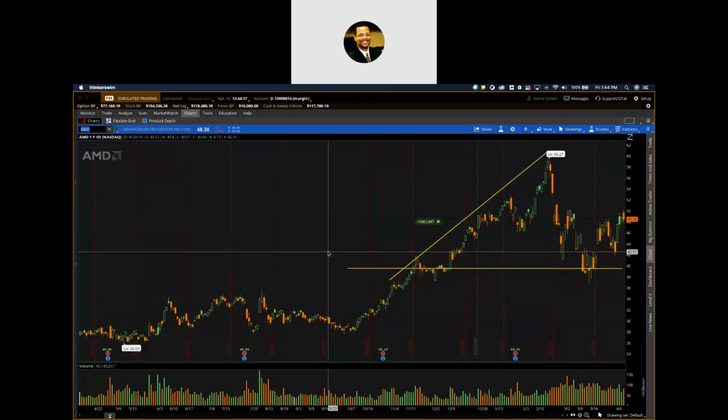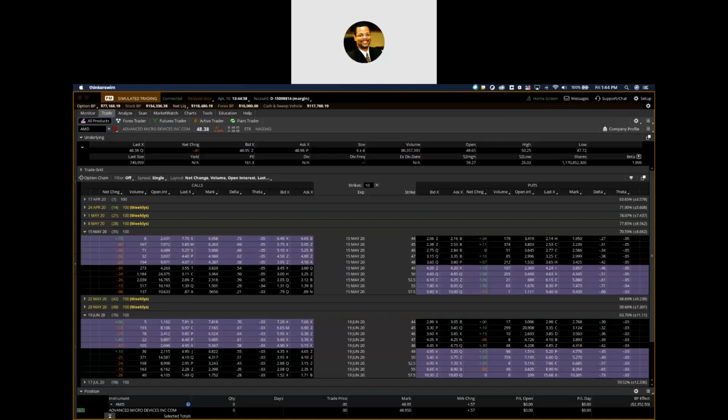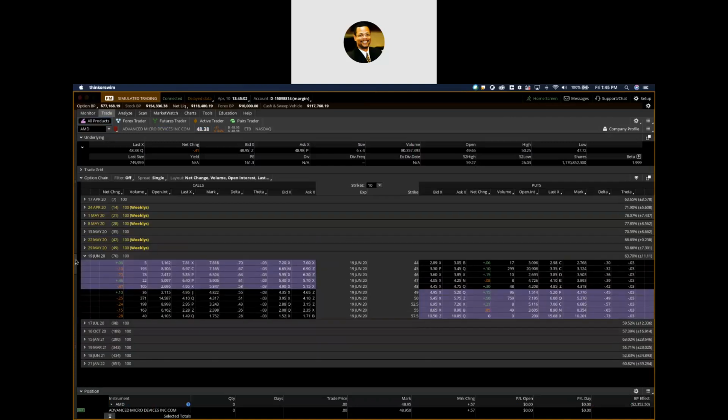Now, I'm going to take that same information and turn it into an option, meaning I'm not going to erase this trade. I'm going to buy these 100 shares and I'm also going to buy the equivalent of an option. So I'm going to go back to the trade tab. I'm going to expand the option chain. Do I want to be in an AMD position for 70 days?